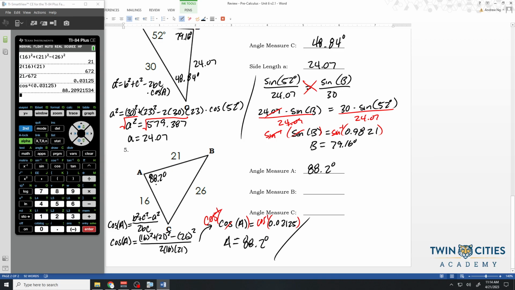Okay, and now, once I've done that once, I now have an angle and its opposite side, which tells me that I can use law of sines. So we're going to do A's and B's. So we'll do sine of 88.2 over 26 is equal to the sine of B over 16.